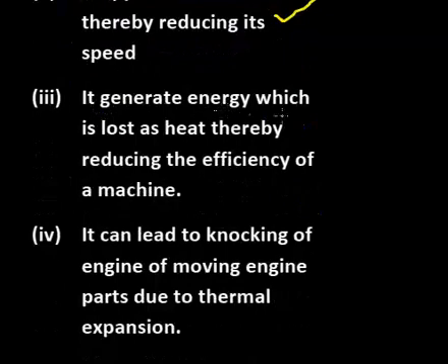Number three, it generates energy which is lost as heat, thereby reducing efficiency. Whenever two bodies rub together, even in a generator or a motor, after an engine operates, if you touch it, it's hot. Why? Because the movement caused by rubbing one surface against another generates heat.